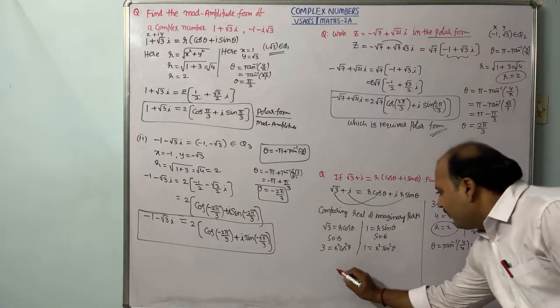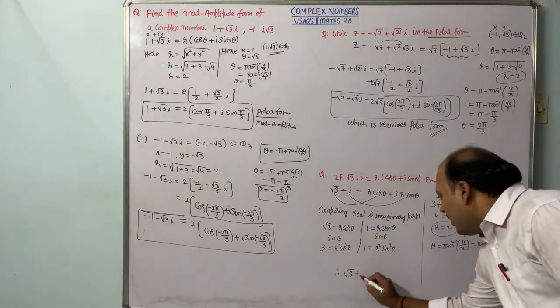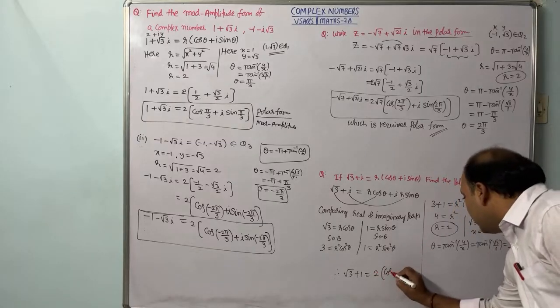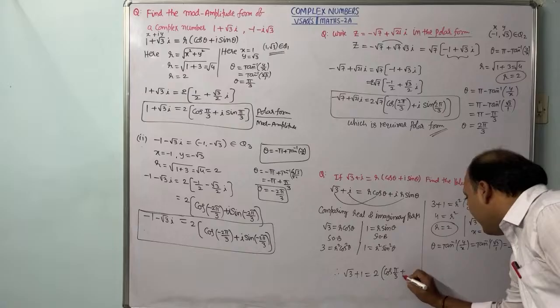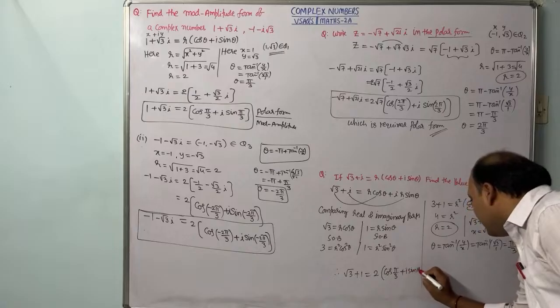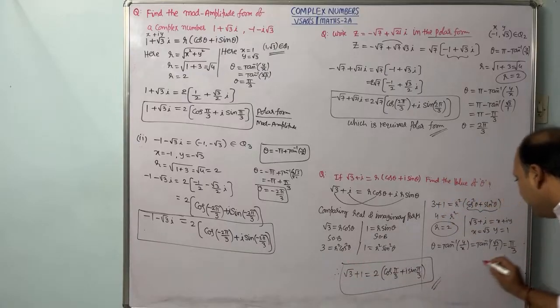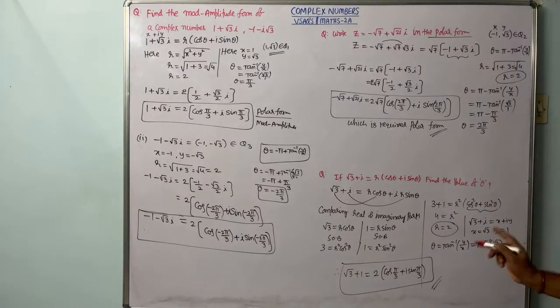So therefore, root 3 plus I is equal to r value 2 into cos pi by 6 plus I sin pi by 6. We kept in this form and we decided that theta is pi by 6 here. This is the amplitude of a complex number. I hope you understand it, students.